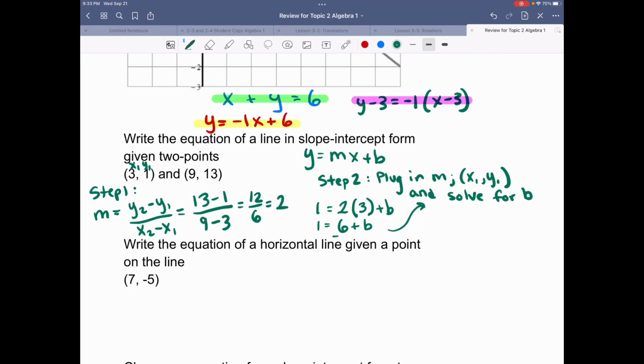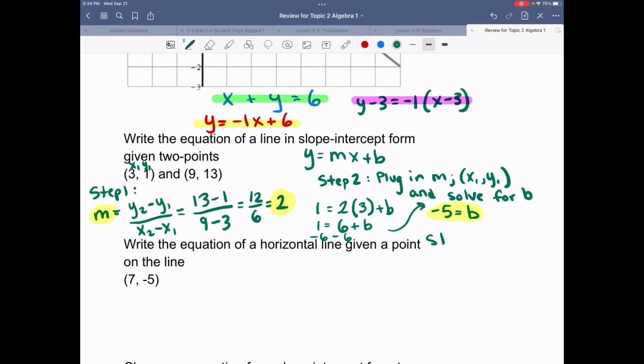So if I subtract 6 from both sides, 1 minus 6 is -5, and that equals b. And finally, our step 3 is we need to take our slope and our y-intercept to plug them in to the slope-intercept form.